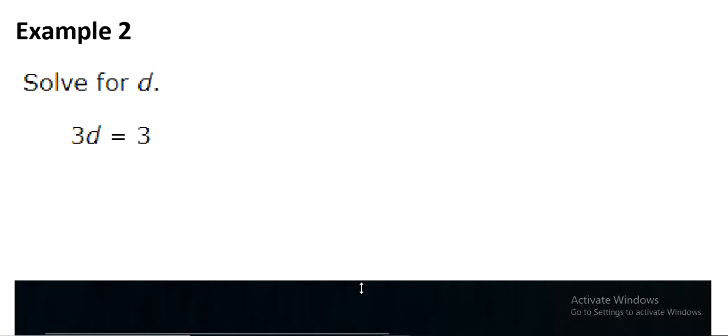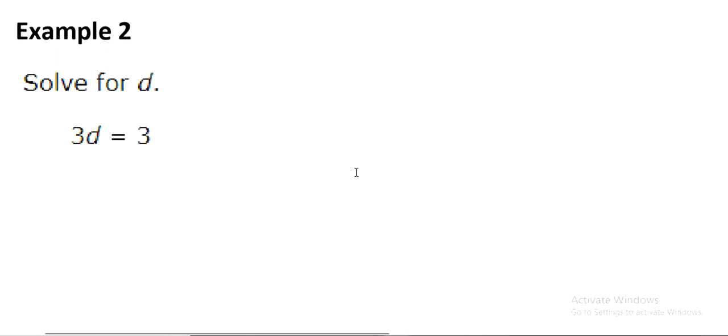So solve for d, we want to get d equals, and now we have 3d equals 3. So for this one, again, I'm going to draw my line under the equal sign. Now this one, again, the rule stays the same, is that I'm going to get d alone, so I have to move this 3 over here.